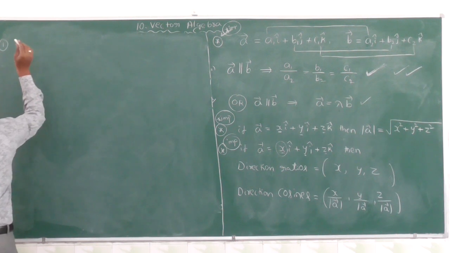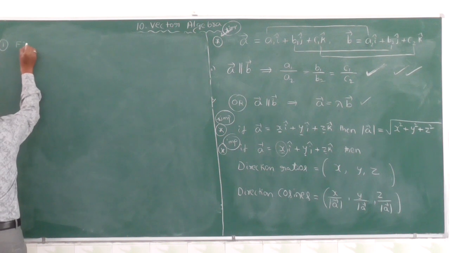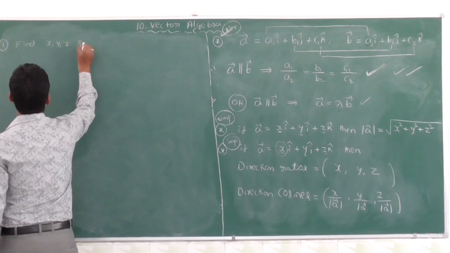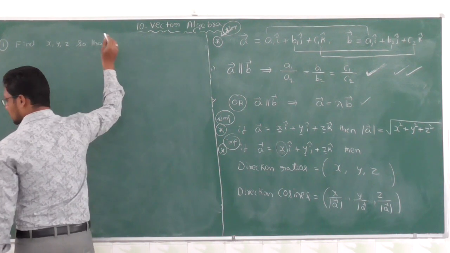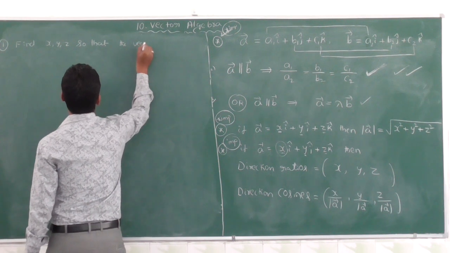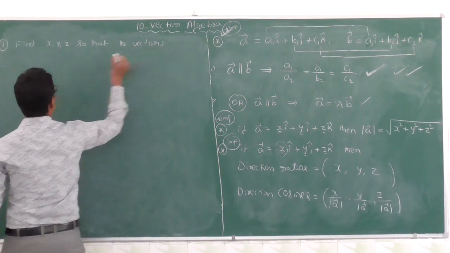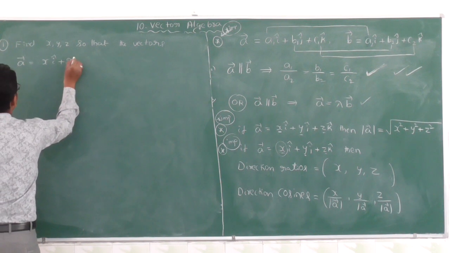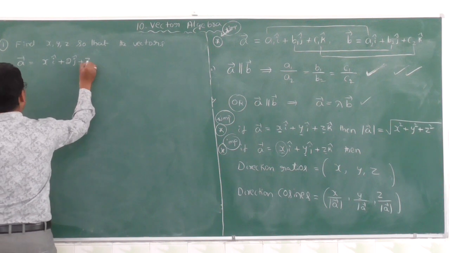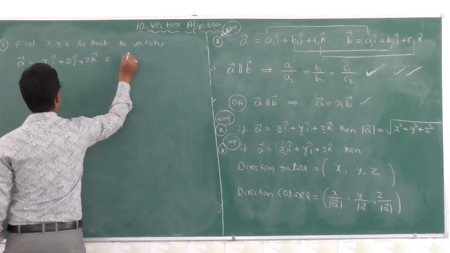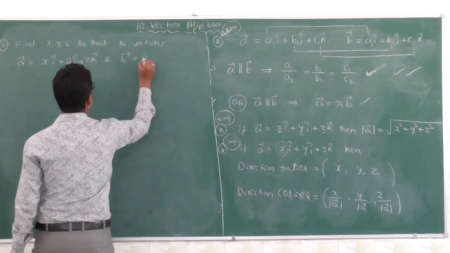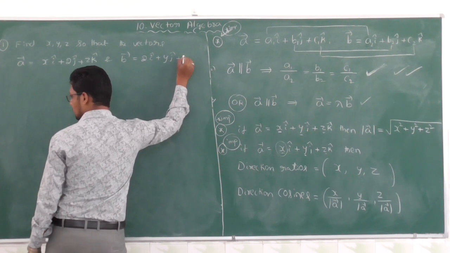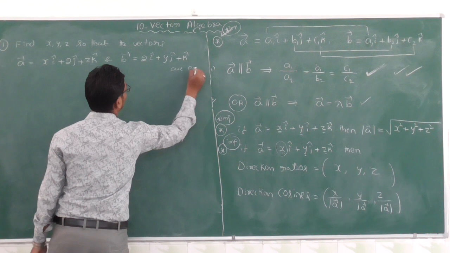Find the values of x, y, z so that the vectors A vector equals xi plus 2j plus zk, and B vector equals 2i plus yj plus k are equal.